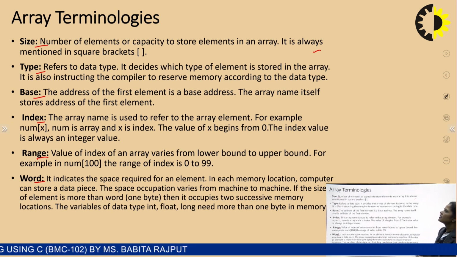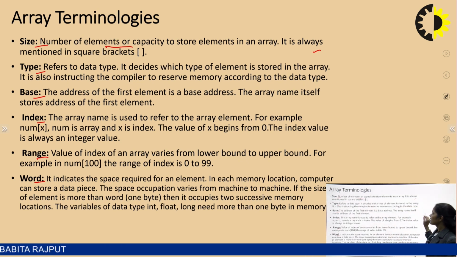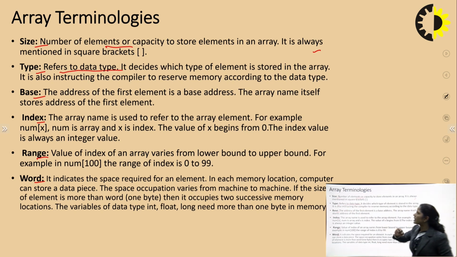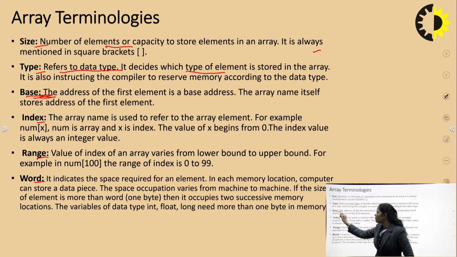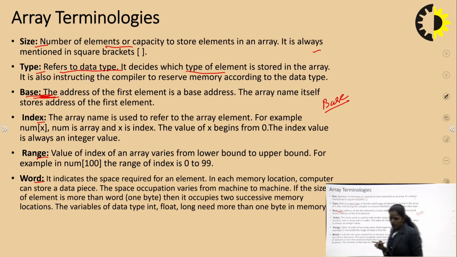The size represents the number of elements, as we saw in the previous example, and type refers to the data type, what kind of values we are inserting into the array. And base, this is a very important concept, and you have to learn about this definitely. In the normal way, what is the base?